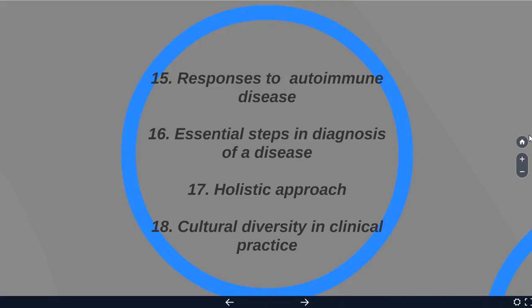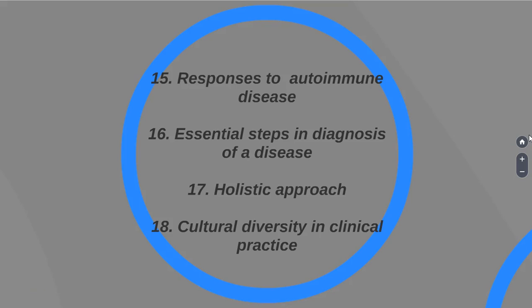So there are some essential steps in the diagnosis of a disease, some things that have to happen in order for us to be able to diagnose a disease that may or may not be present. So the first is we're going to obtain a medical history. When a person seeks medical attention and then they describe their symptoms or they exhibit signs of a disease, we're going to start off with obtaining their medical history.